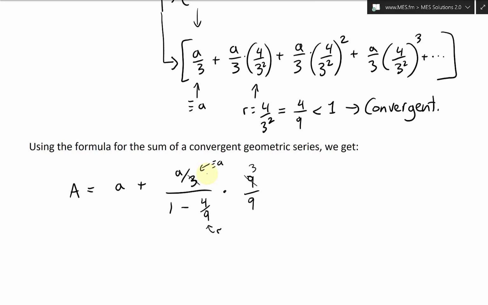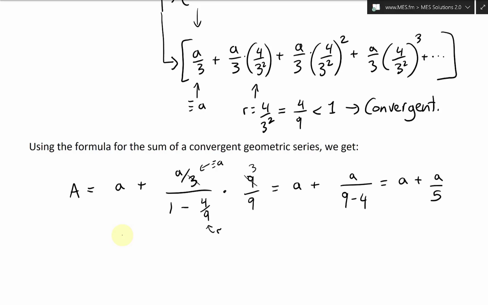And what we get is a, and we're only doing it on this fraction, plus an a on top, and then 1 minus 4 over 9. We multiply it inside, so that's just 9 minus 4 there. So then this equals a plus a over 5.